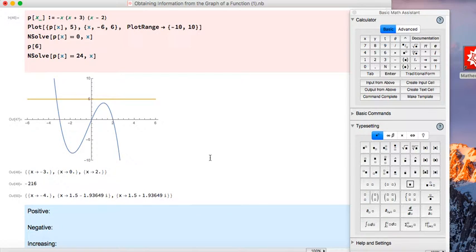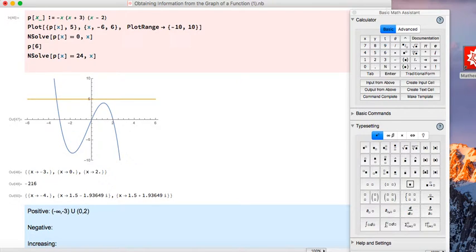So now we're going to state where the graph is positive and where it's negative. We're going to use the intercepts here. When the graph is positive, it's above the x-axis. So it's from negative infinity to -3, this part of the graph is above the x-axis, and another part is from 0 to 2.